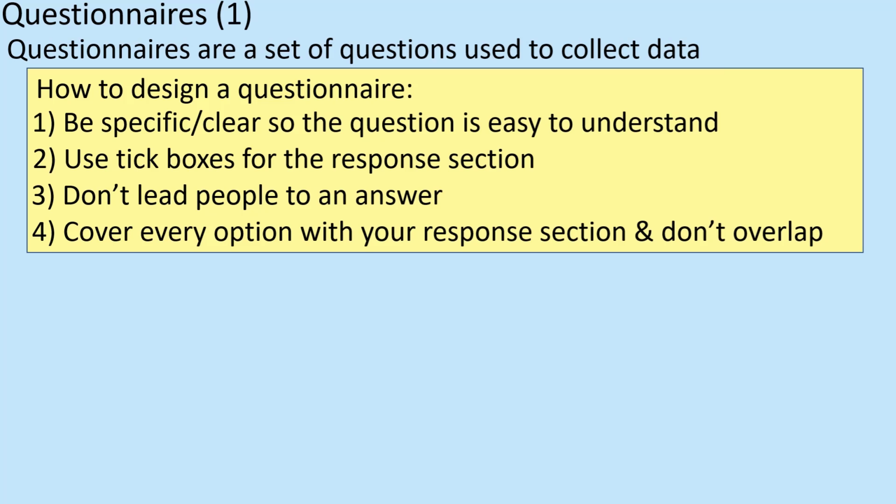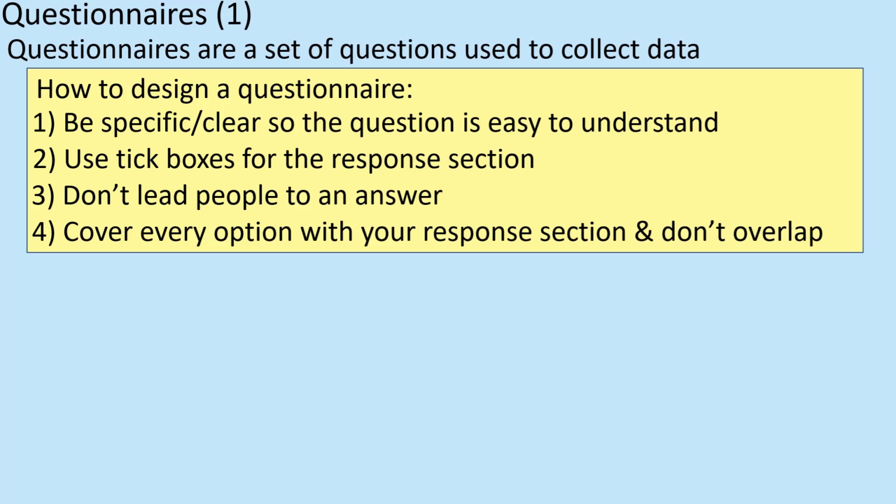The other aspect is to cover every option with your response section, and don't overlap. If you're going to ask how many hours of yoga you do, you might say no hours, 2 hours, or 4 hours. That's not particularly useful because it doesn't cover the fact that some people might do 1 hour, or 5+ hours.